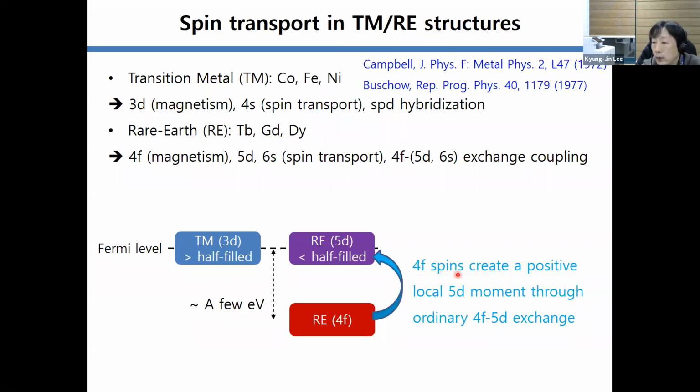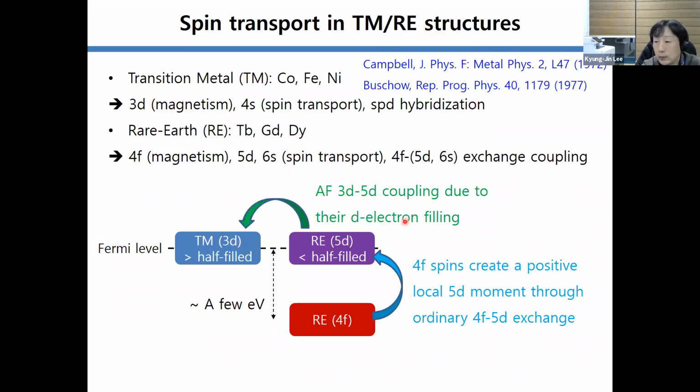The 4f spins in the rare earth element create positive local 5d moments through the ordinary 4f-5d exchange. And because of this above half filling and below half filling, this RE 5d element and TM 3d element are antiferromagnetically coupled.